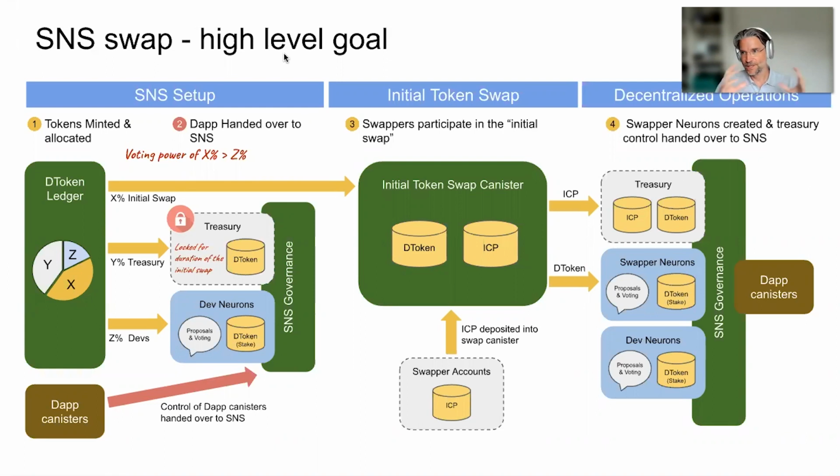Once the canisters have been set up and the initial configuration is defined, an SNS proposal will be submitted to transition into the next phase, which will be the swap period. Once in the swap period, the swappers, as in the end users that want to participate in the swap and acquire SNS tokens, will deposit ICP into the swap canister.